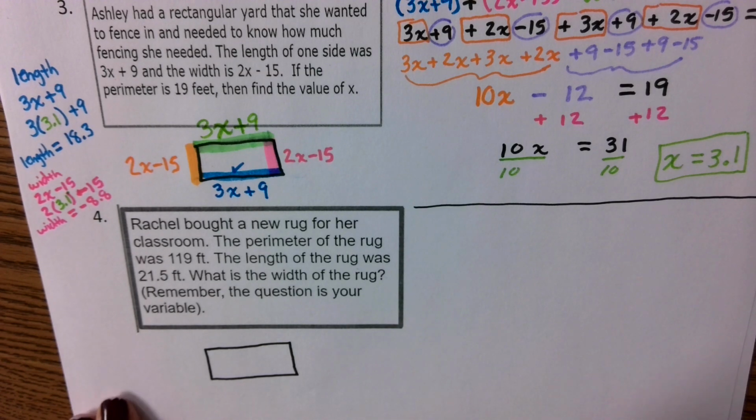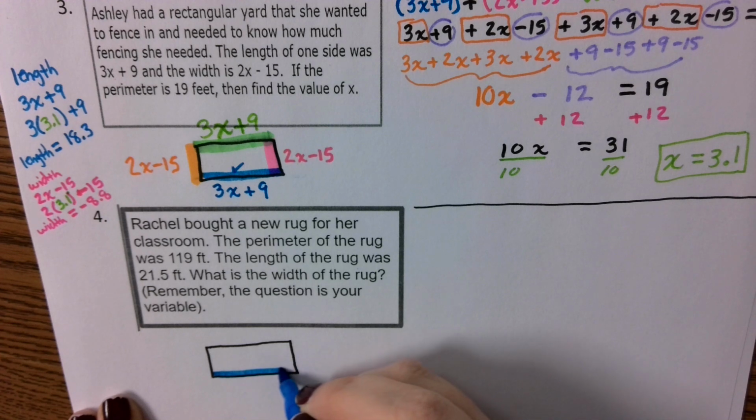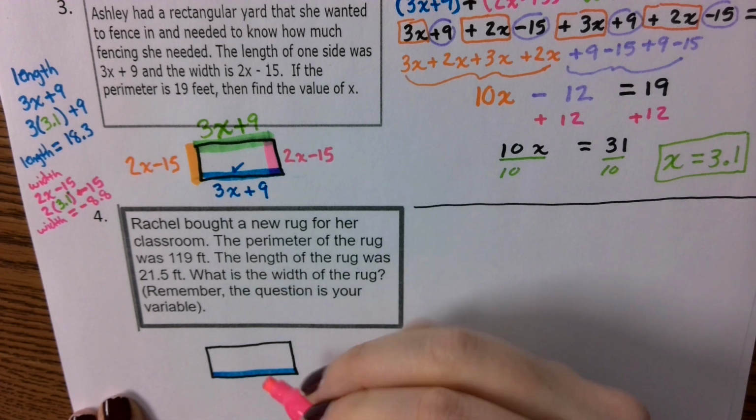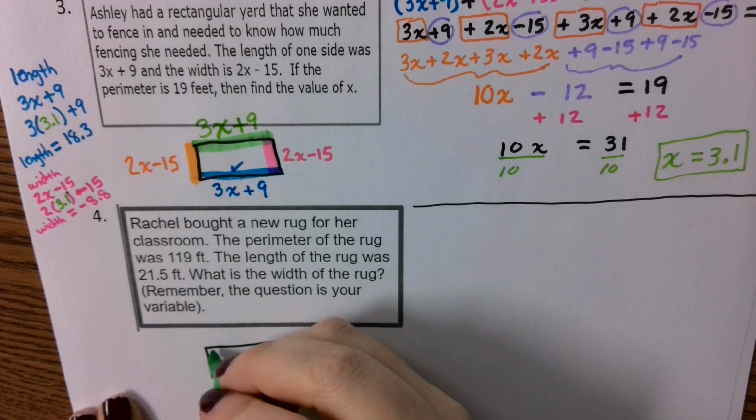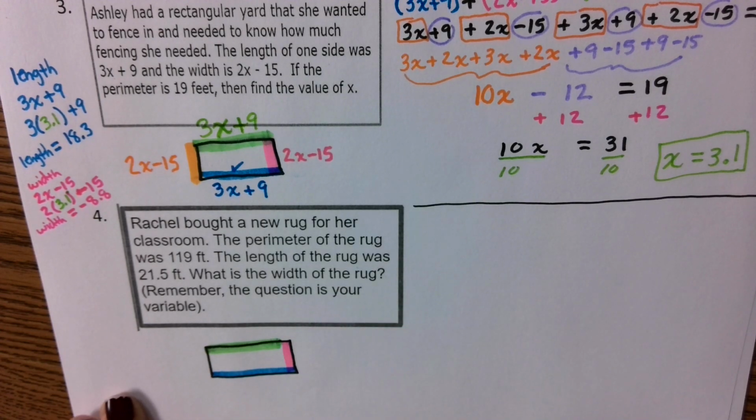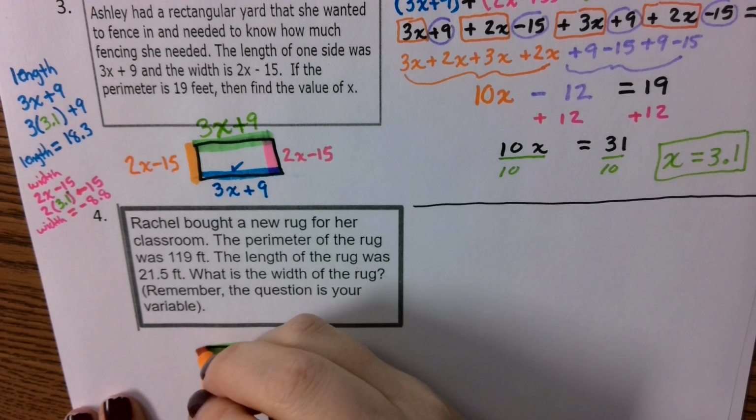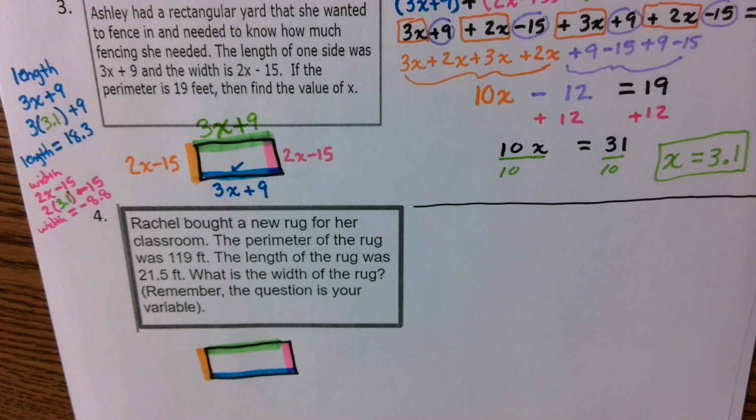So here I'm going to put my little colors on again. I have my blue. Here's my pink. Here's my green. Here's my orange. Does it matter which color I label my length? Not really. I might say blue's my length, or maybe pink's my length.